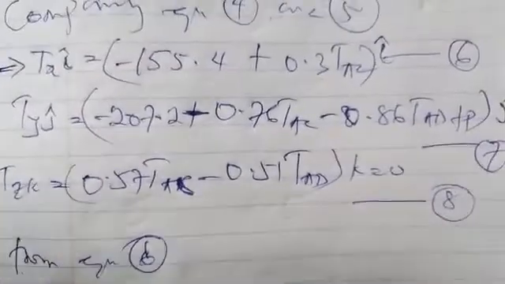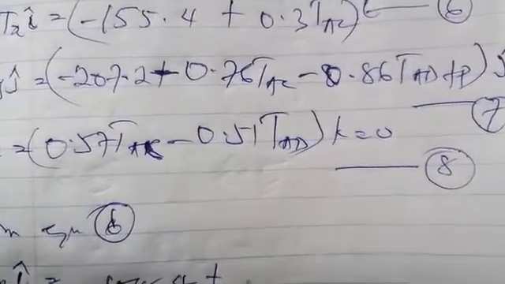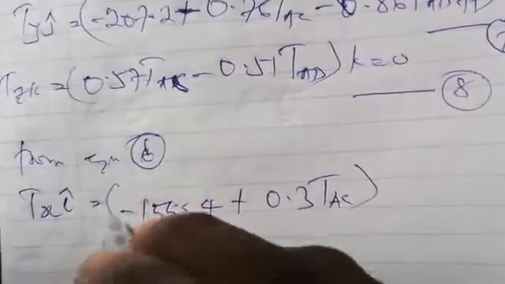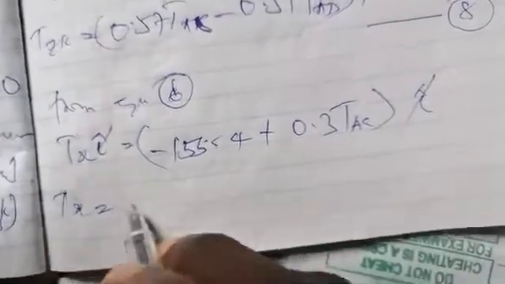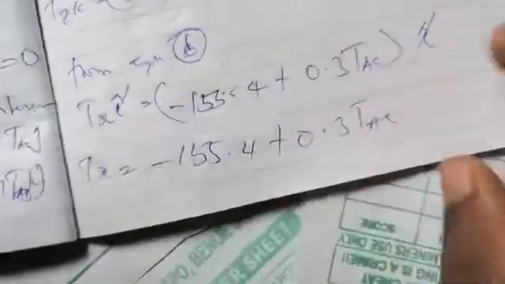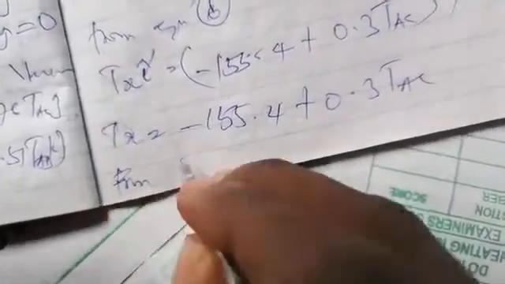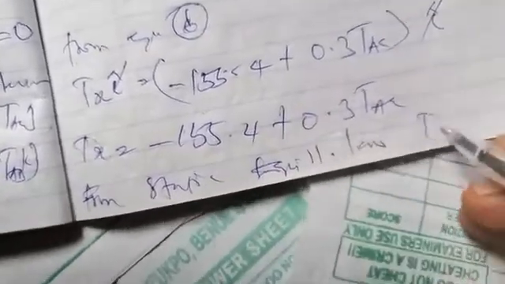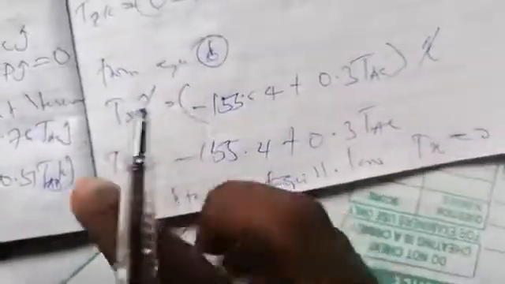From equation 6, we'll have that Txi is equal to minus 155.4 plus 0.3 TAC, all into i. So i cancels i. We'll have that Tx is equal to minus 155.4 plus 0.3 TAC. From the static equilibrium law, Tx equals 0, so we equate the whole equation to 0.